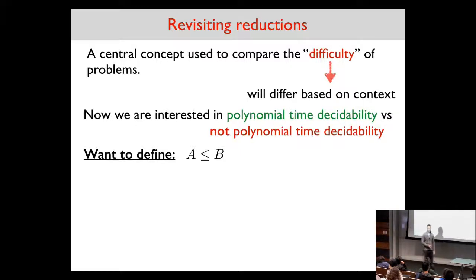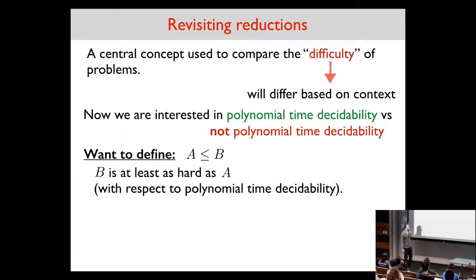Our goal, again, is to define this notion. If we have two computational problems, two decision problems, or two languages, A and B, we want to define this notion A less than or equal to B. What this is supposed to mean is that B is at least as hard as A, with respect to polynomial time decidability.